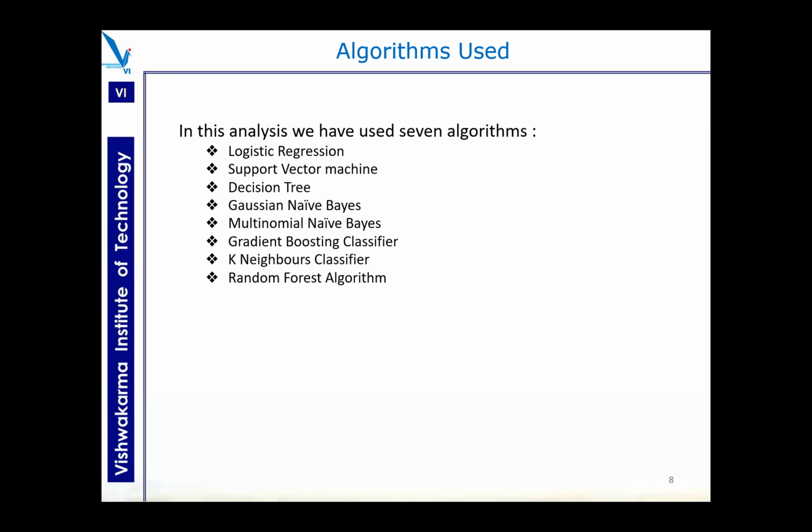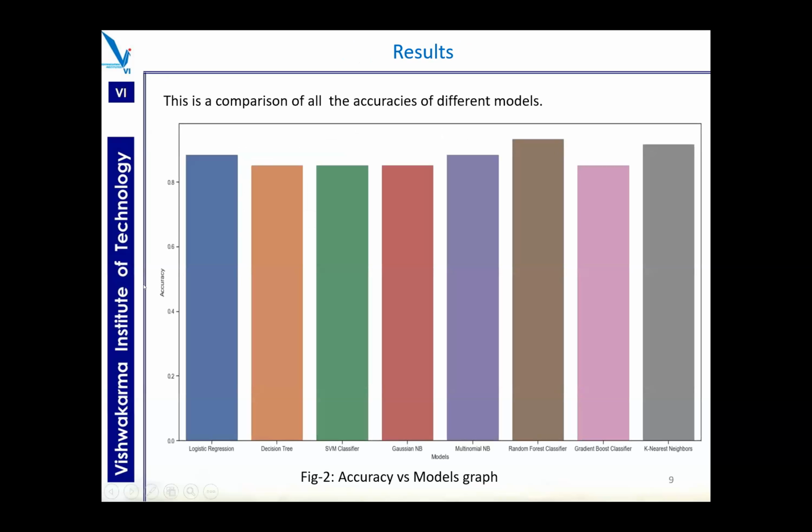We take them as independent parameters and we operate. It's the same thing with the multinomial naive Bayes. Moving on, we have the k-neighbors classifier. In KNN, we classify different data points based on their distance. And finally, random forest algorithm is a better version of decision tree in which we choose the best trees and try to get us the best predictions and output.